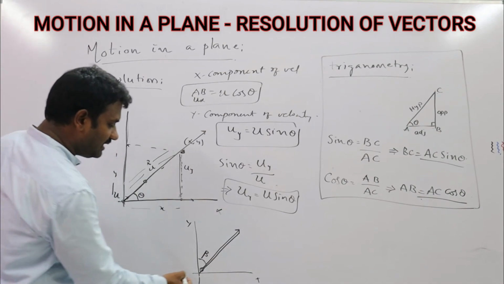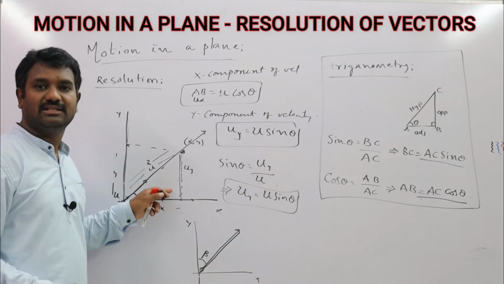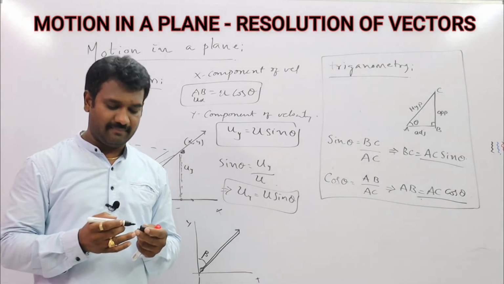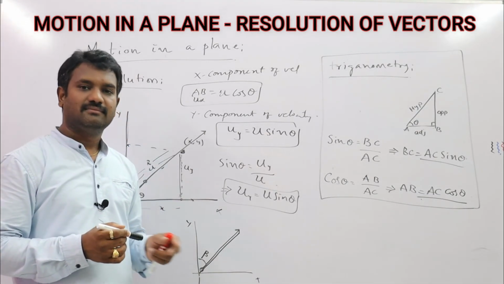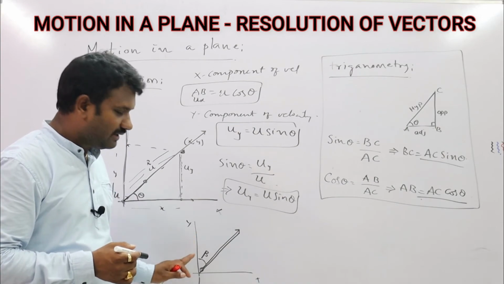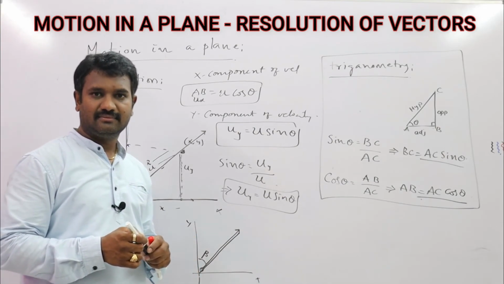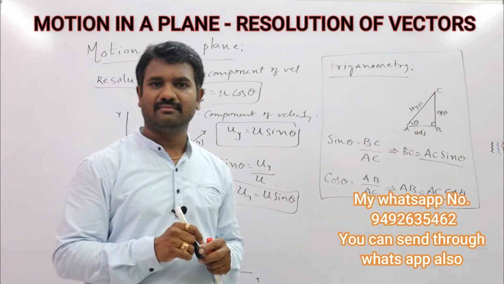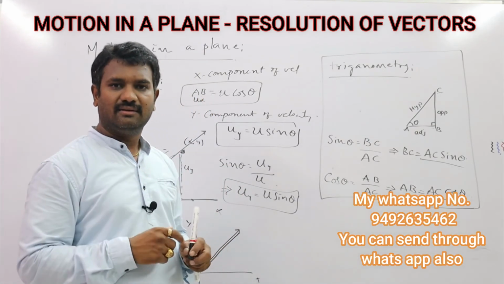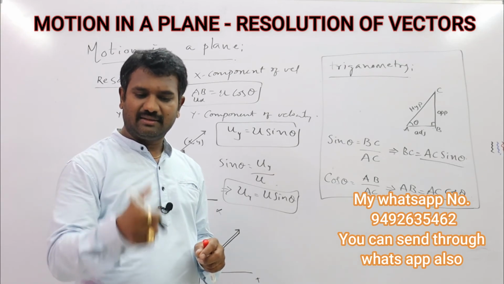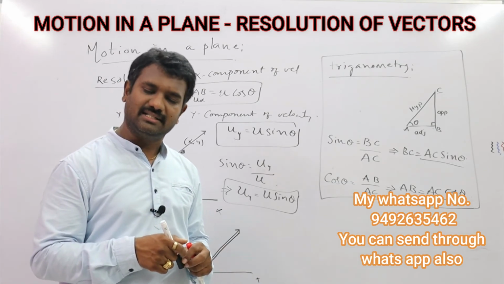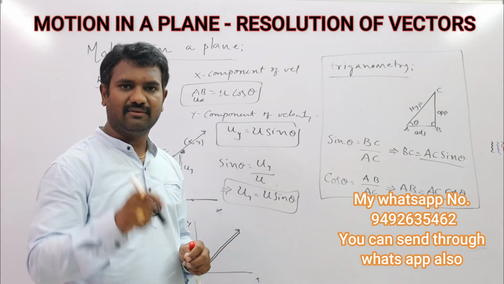Then what is its x component of velocity and what is its y component of velocity? That's my question. I want ux and uy. I am waiting for your answers. Click on the chat button, write it on paper, make a snapshot and send it to me.